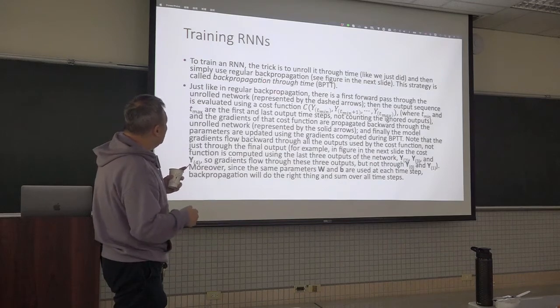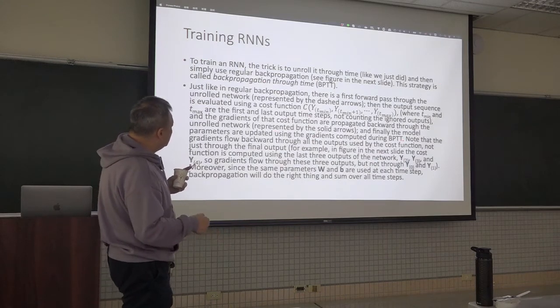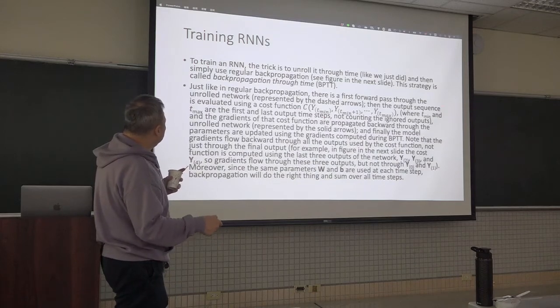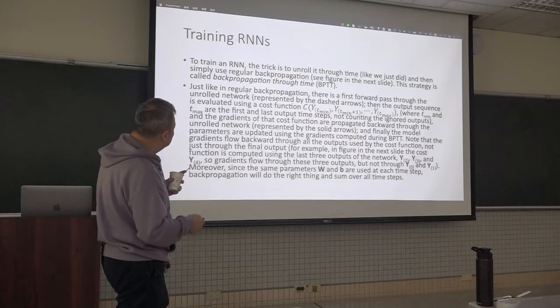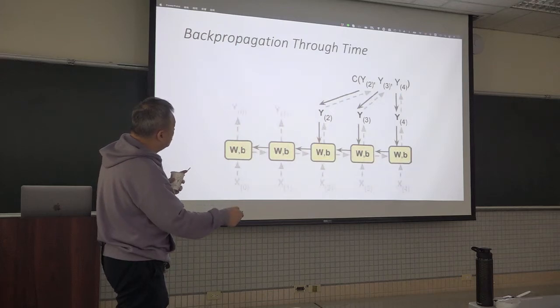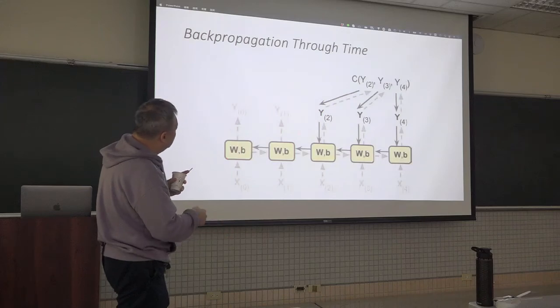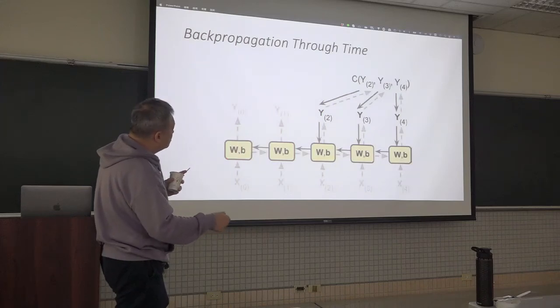Let me use an example to show you. Suppose your output sequence is evaluated using a cost function like this. Let me show you the figure. This cost function is based on certain outputs in your RNN model, Y2, Y3, and Y4, so those will be taken into account in your cost function.